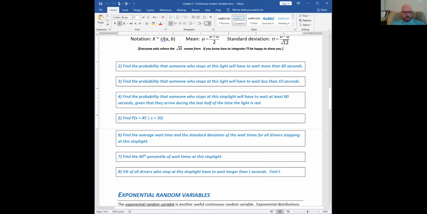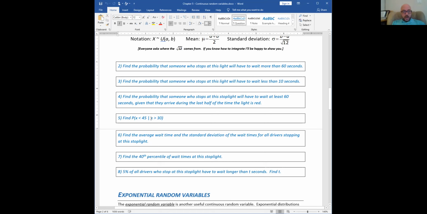This next one's a conditional probability. I want to find the probability that x is less than 45, given that we know x is greater than 30. If you think back, conditional probability is a restriction of the sample space, and it still is.